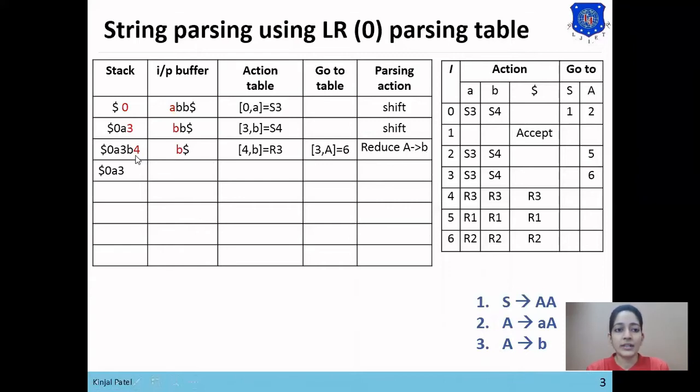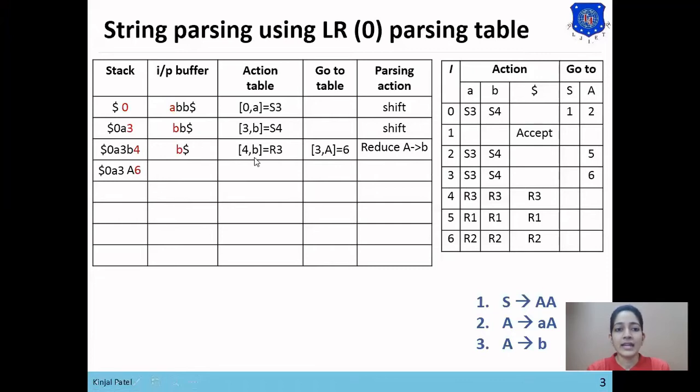To reduce B4 by A, the top of the stack now has value 3, and B will be reduced by A. So now we'll check for the entry 3 on A in the parsing table. 3 on A has value 6. So 3 on A equals 6, and now B will be reduced by A6.